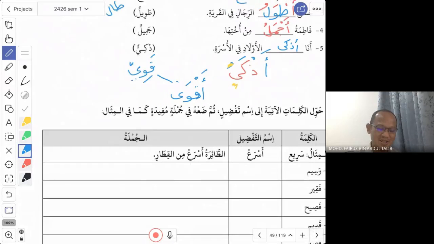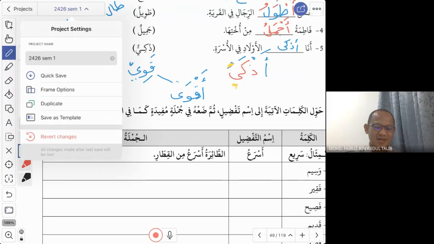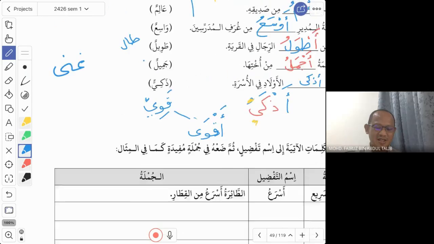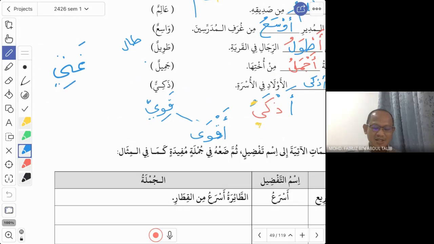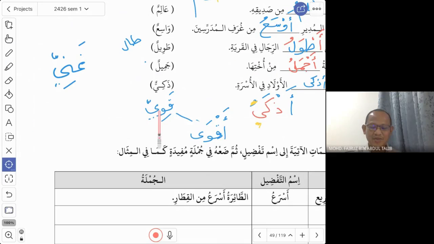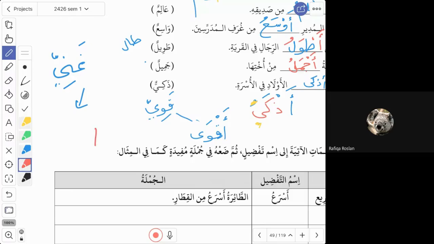Sorry, ghani. Ghaniyun, rich. How do you say richer, and the richest person? This is similar to kawi and zaki: zaki azka, kawi aqwa, ghani becomes agna.